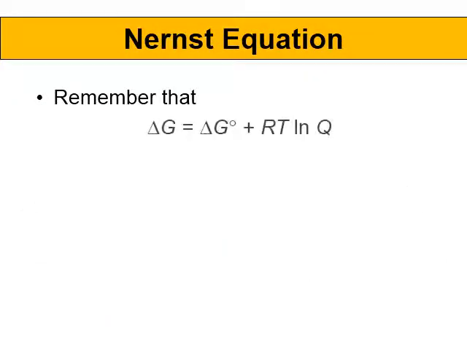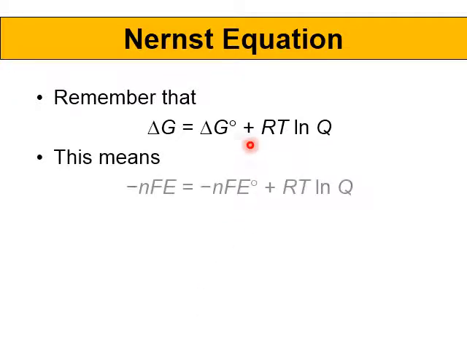You have looked at Nernst in thermodynamics before. It's the same. We have delta G is equal to delta G naught plus RT ln Q. This means if we replace delta G with nFE, what you get is minus nFE is equal to minus nFE naught plus RT ln Q.